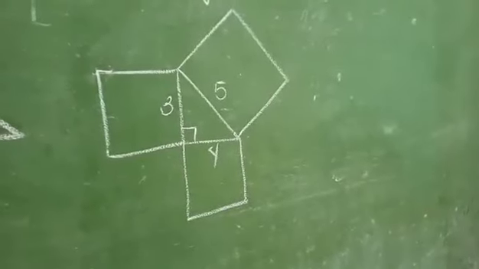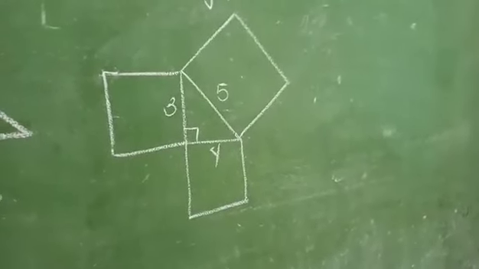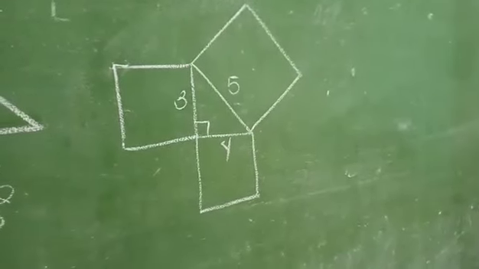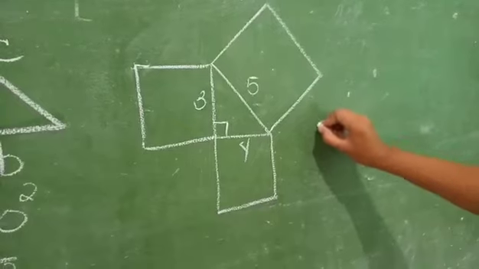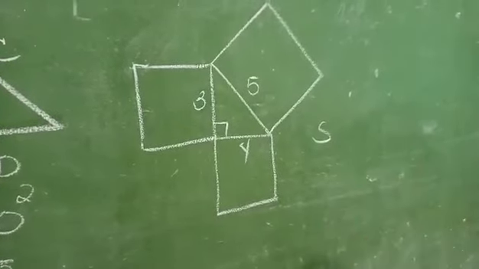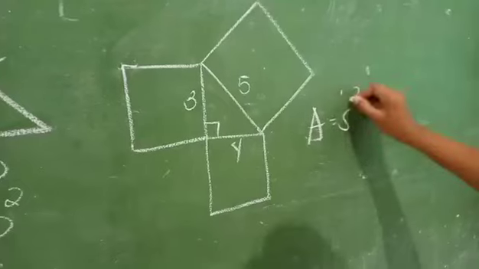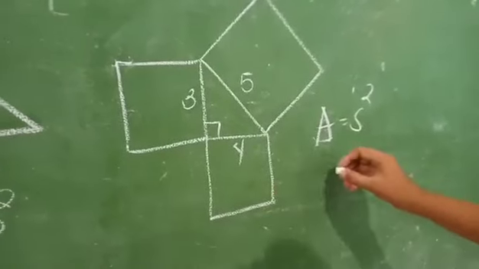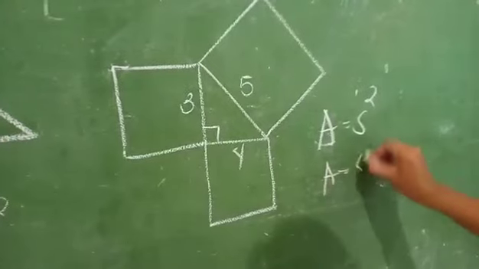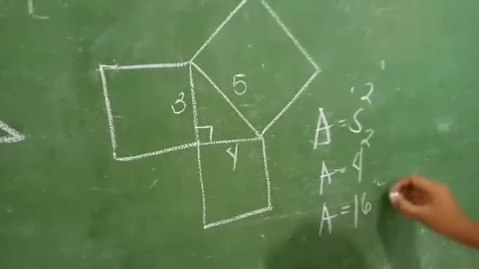It is said that the areas of the squares on A and B add up to the area of the square on C. So to get the area of this square, we all know that the formula for getting the area of a square is A is equal to S squared. So in this square, the area is A is equal to 4 squared, which is 16 square units.